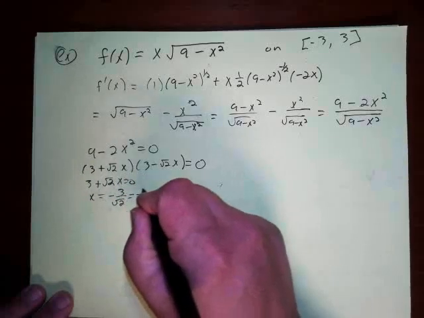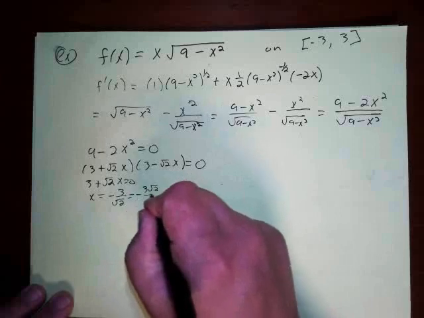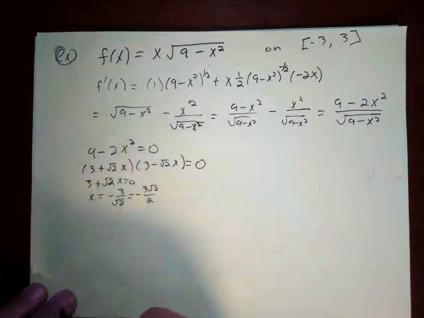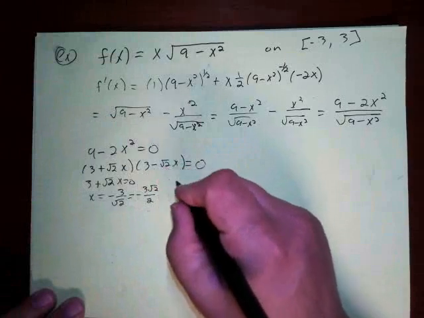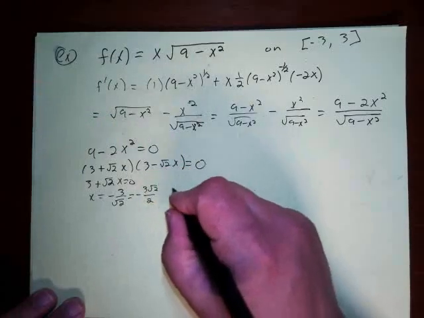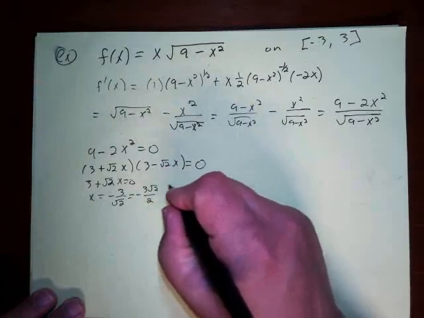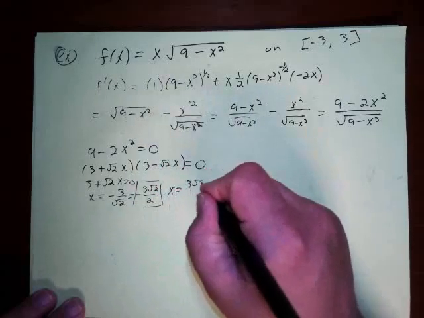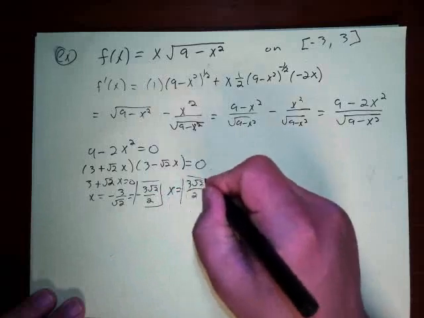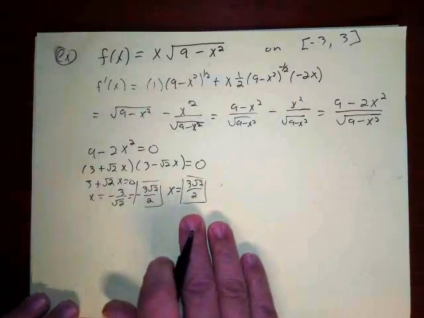And then I'm going to rationalize the denominator just because that's what feels right. You wouldn't have to, but I'm going to do that. This one will just be the positive, so x is equal to 3 square root of 2 over 2. So these are the critical points.